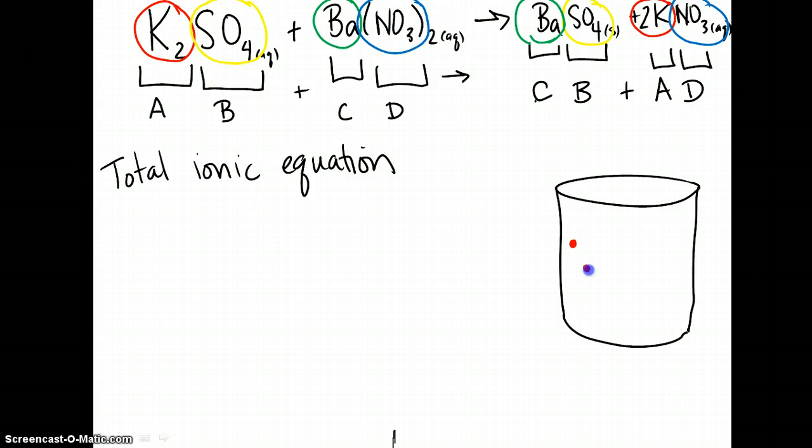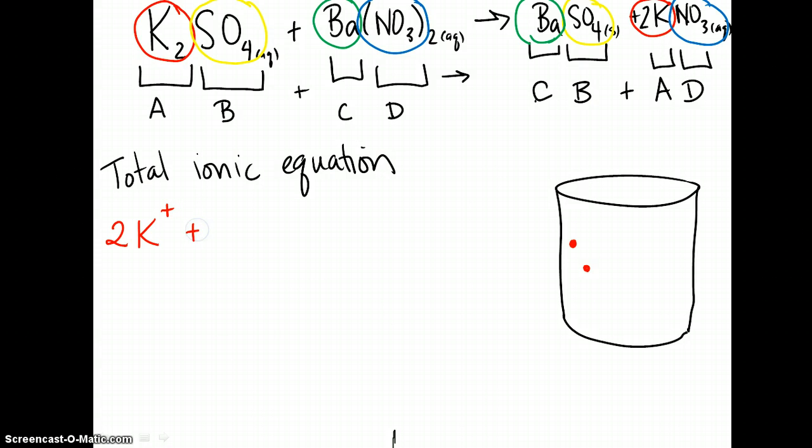And keep in mind that when ionic compounds are in water, they separate. We mentioned that in class, that ionic compounds always separate. So I'm going to write that down as being I have 2 Ks, and each of those has a plus charge. And that pretty much reflects what I see here in the picture. Okay?